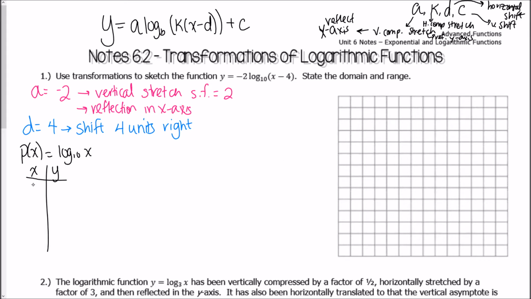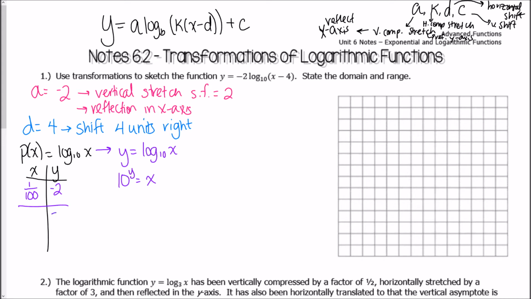All right. So we're going to look for values that are powers of 10. So essentially what this is saying is y equals log base 10 of x. But what that means is 10 to the power of y is equal to x. So if my exponent is -2, then x would be 1 over 10 squared, or 1 over 100, right?